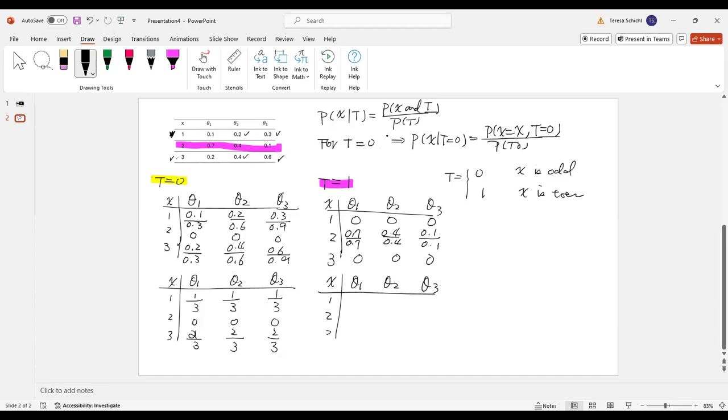This is 1, 2, 3. So here will be 0, 0, 0, 1, 1, 1, and 0, 0, 0. Okay. So that is our conditional distributions in the tabular form.